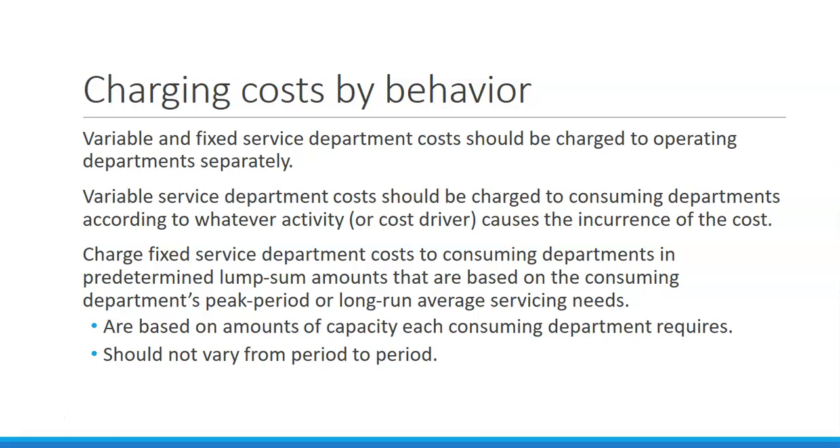Fixed service department costs are usually done in lump sums based on usage, so based on the amount of capacity each consuming department requires. And that shouldn't vary from period to period. Some departments are higher users than others, but we would know based on current use.